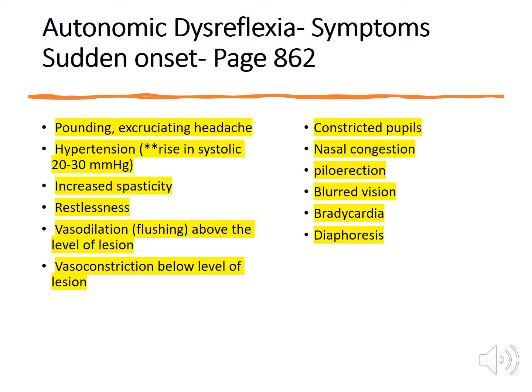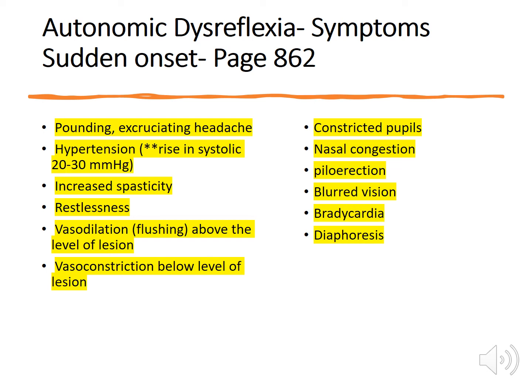There's going to be vasodilation or flushing above the level of the lesion, while below the level of the lesion, there's going to be vasoconstriction. So it's not going to be even. There's going to be things happening above the lesion while things are happening below the lesion. And this is all due to that noxious stimulus that we talked about in the prior slide.